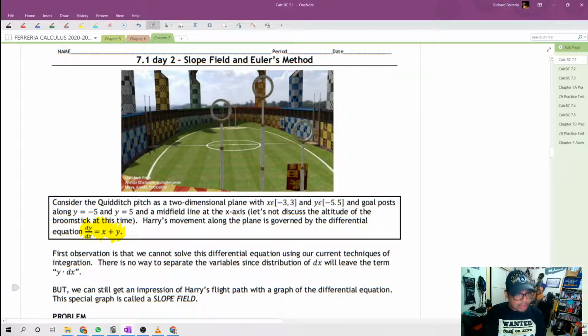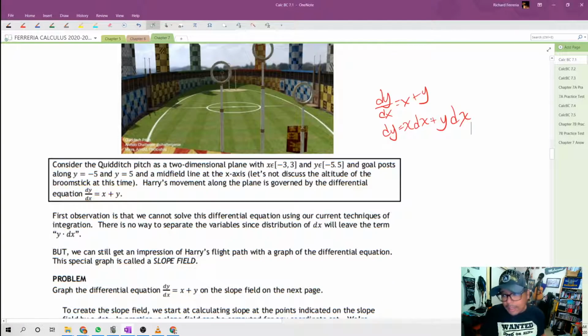of integration. Our current techniques of integration in Calculus BC or in Calculus AB would be to separate the variables, and just a real quick distribution of the variables here kind of reveals to us that it is going to be impossible to solve so that we have all the y's on the left side and all the x's on the right side.